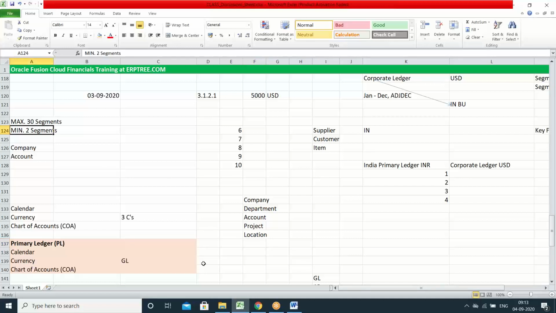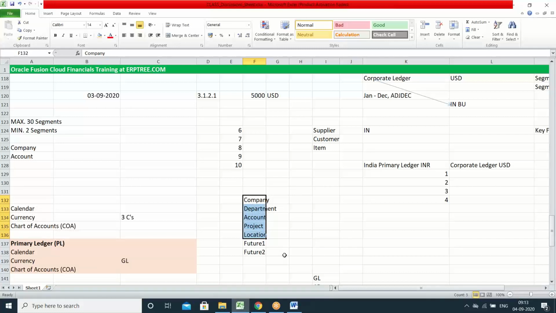Generally, when you do the implementation for clients, we always suggest to clients to have 2 buffer segments, additional segments. Those we call future 1 and future 2. Say for example, now clients are going to use these 5 segments.